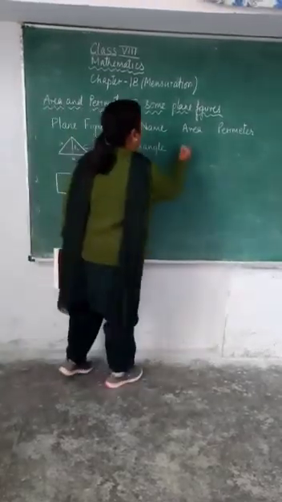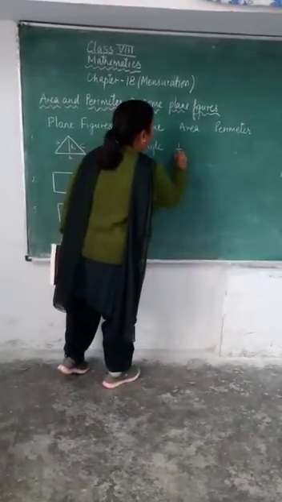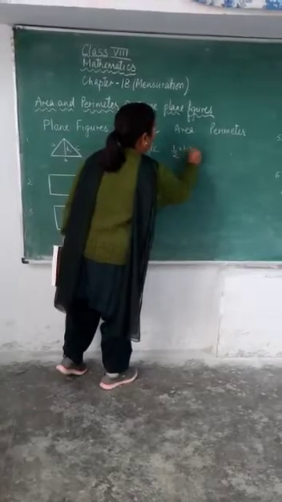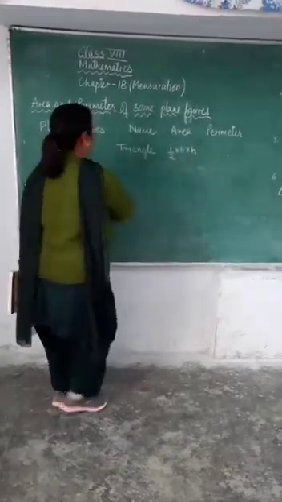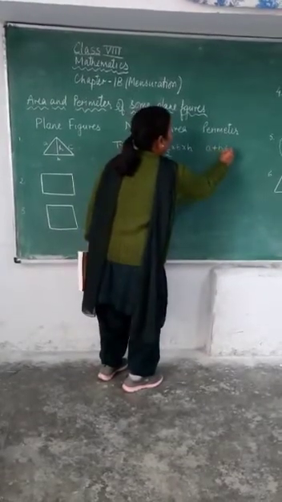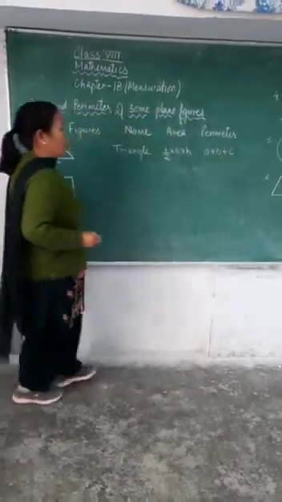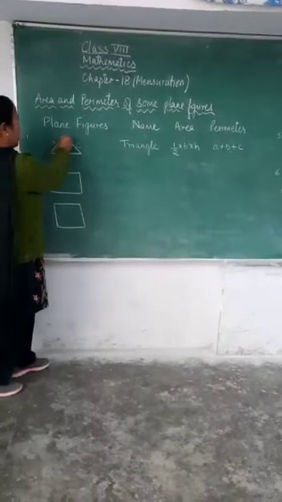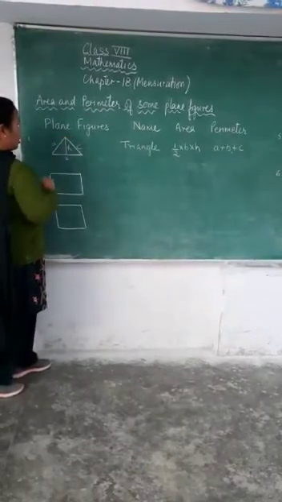Then the area of this triangle is half into base into height, and the perimeter of this triangle is A plus B plus C. Perimeter means the measure of the sum of all the three sides.